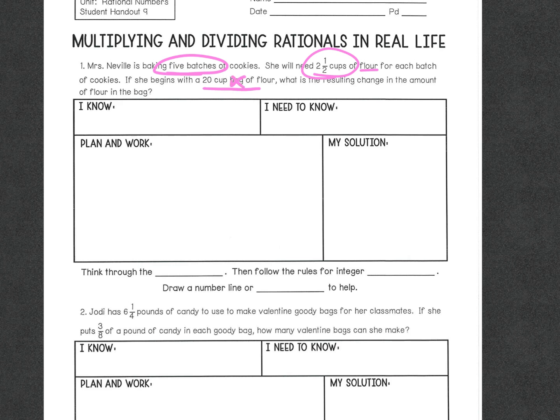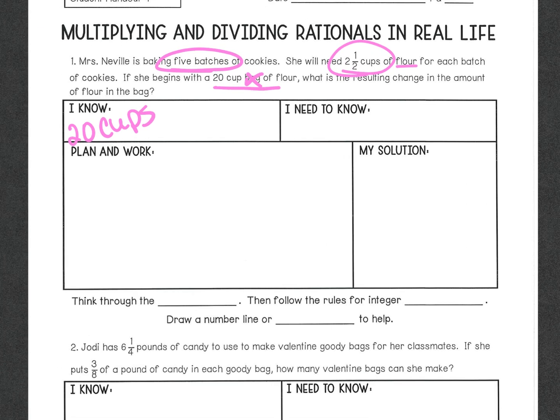Okay, so let's look at this. We know that she has 20 cups that she begins with. We also know that it's 2.5 cups per batch. We're looking for the change in amount.